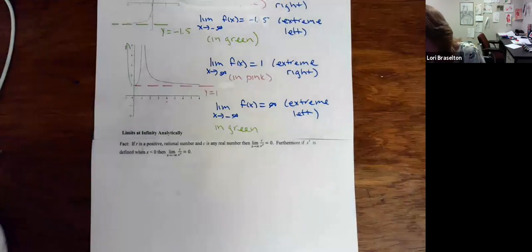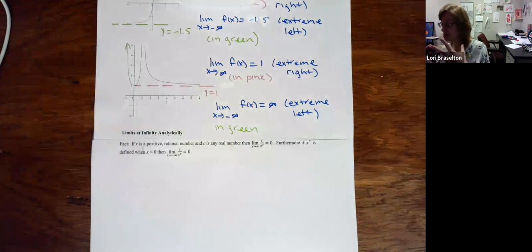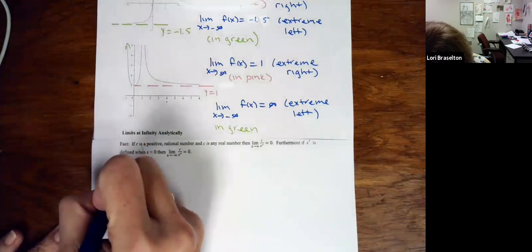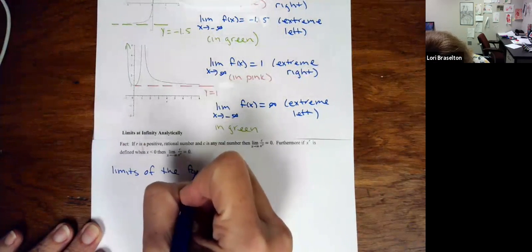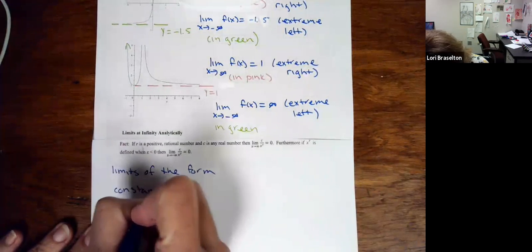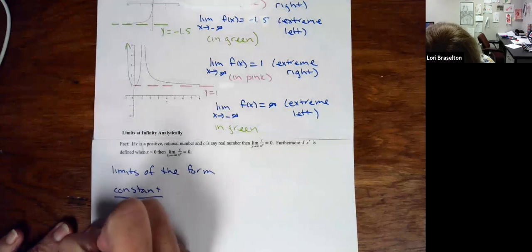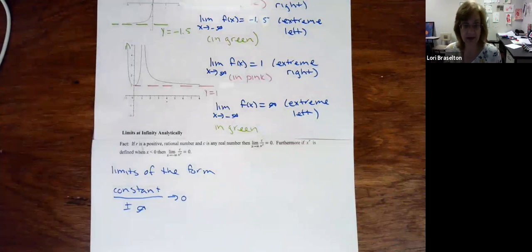What this is saying, cutting it down so it's not so fancy, is this: limits of the form constant, that's the C in both of those, over plus or minus infinity go to 0.